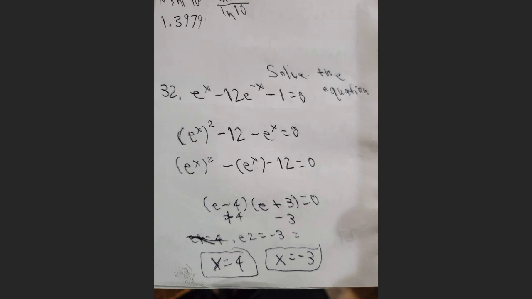Since we have a square, I decided to split the negative 12 into negative 4 and plus 3. Then I added 4 to both sides and subtracted 3, and ended up with 4 and negative 3. But I'm not sure if we're supposed to use negative numbers as solutions, so I would go with e to the x equal to 4.